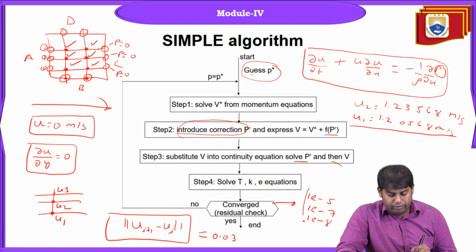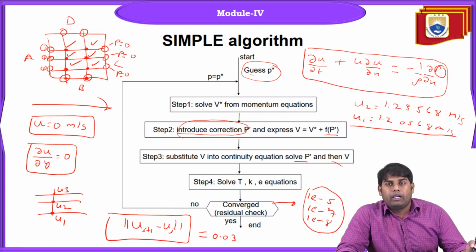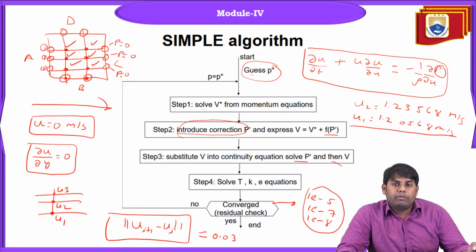If these are the ranges, you can take 1e minus 6 also. The meaning is that the difference between the current value and the previous value should be 10 to the power of minus 5, 10 to the power of minus 6. It should be less than that. Then only you will stop the simulation. If not, you will continue it.